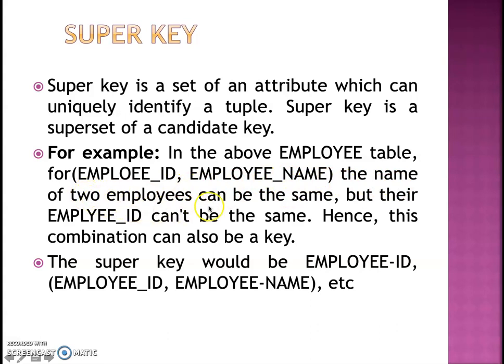The name of two employees can be the same, but their employee ID can't be the same. Hence, this combination can also be a key. We can combine these two attributes together to form a new key. The super key would be EMP ID or EMP ID, EMP name, etc.